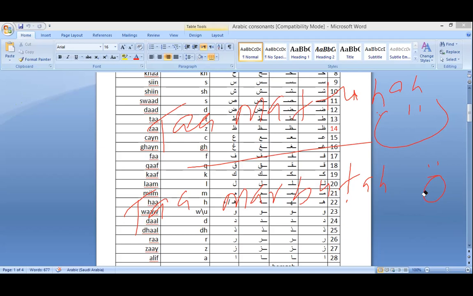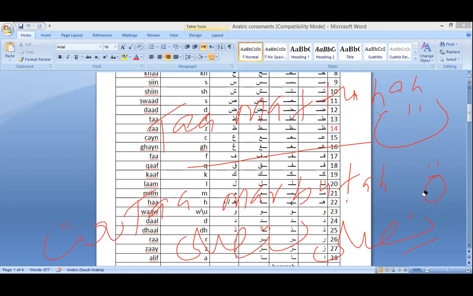Ta maftuha can be anywhere. It can be at the beginning of a word. This is ta. It can be somewhere in the middle. Let me write it again. This is ta, right? It can be somewhere at the end.